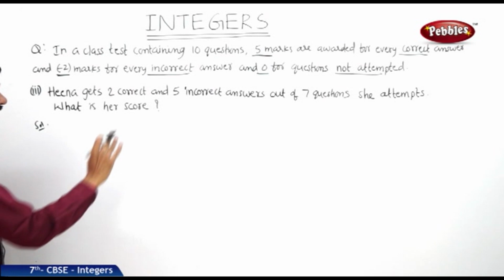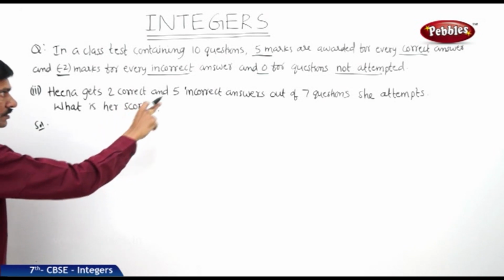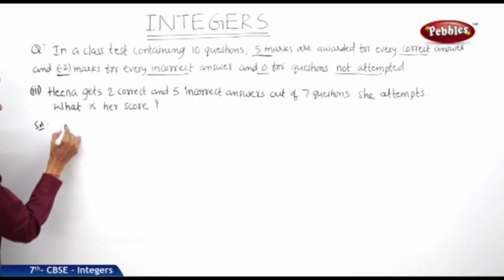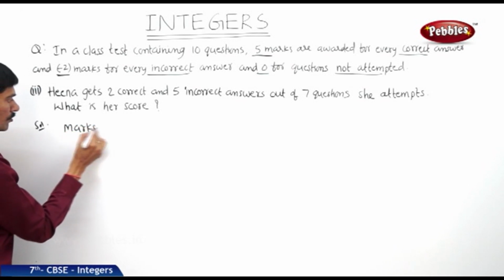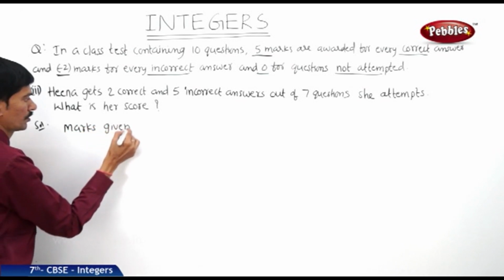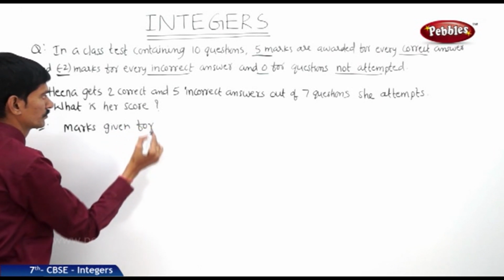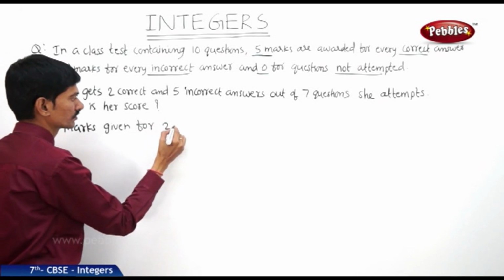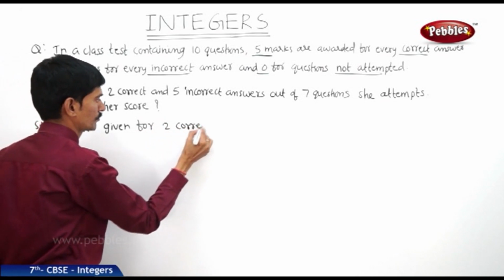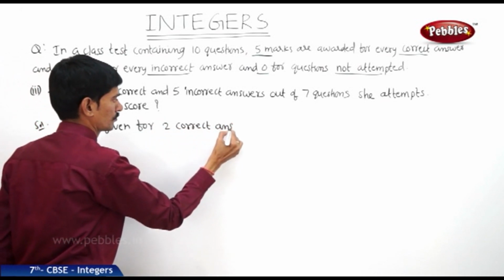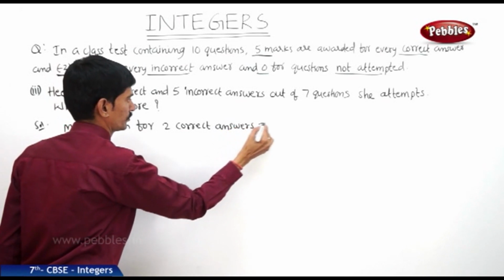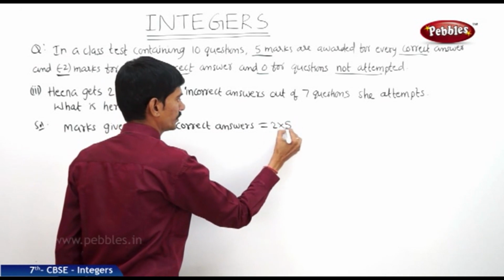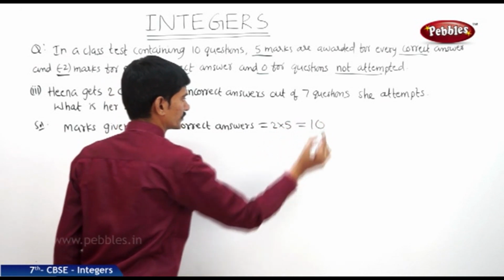So how many marks are given for every correct answer? So it is 5 marks. Now we will find marks given for 2 correct answers. So this equals 2 into 5, so that is 10 marks.